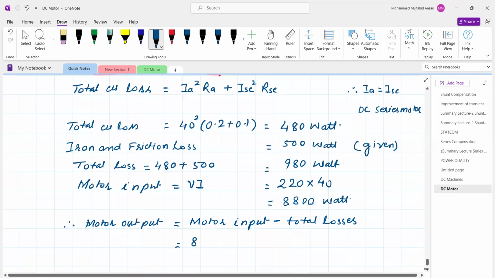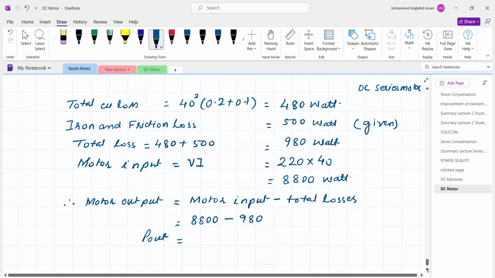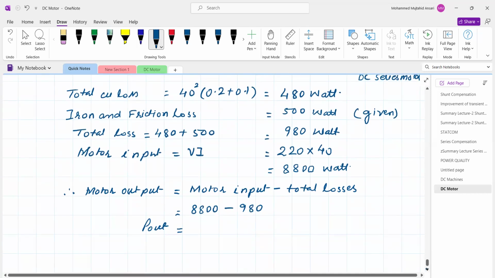So 8,800 minus 980 watt. So the motor output P out equals 7,820 watt, or 7.82 kilowatt. This is P out.